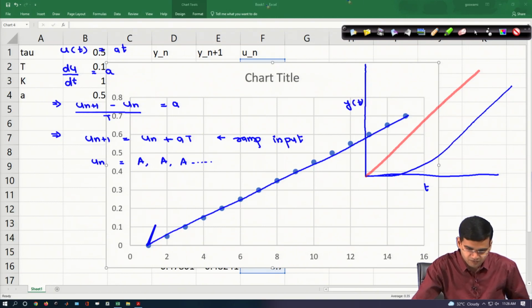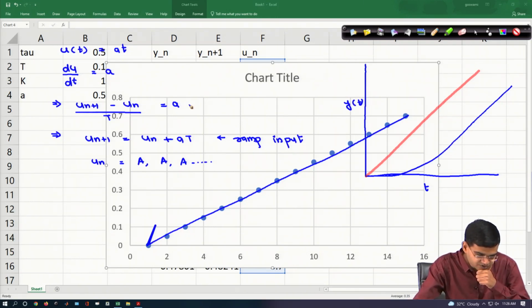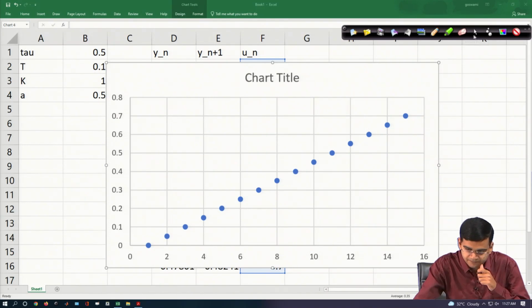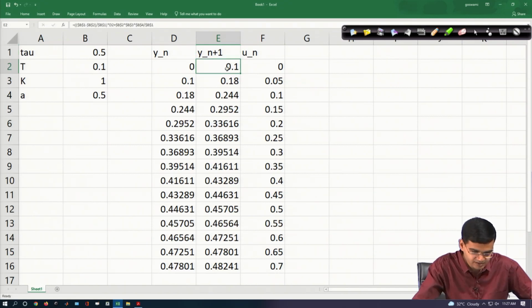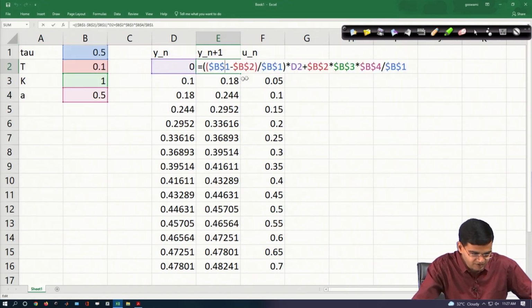Fine. So, now what I need to do is I need to change my formula to where I need to change u n. So, let me get rid of everything here, and now what I will do is, in this formula y n plus 1, I will not use this B4.